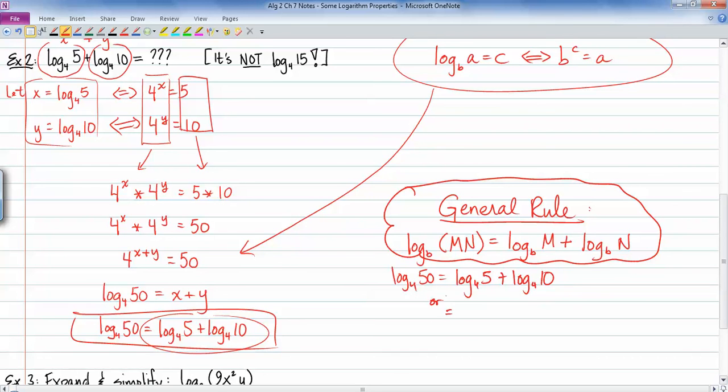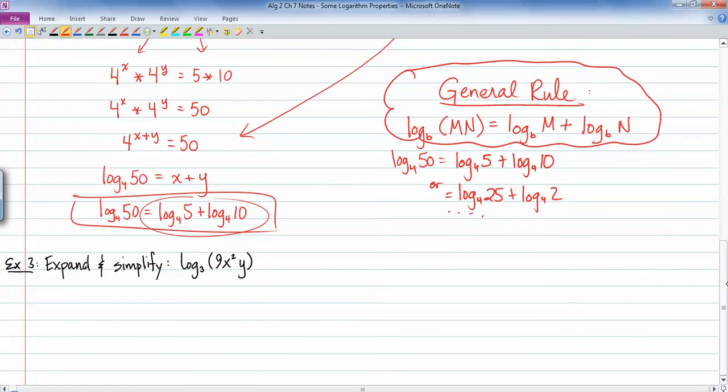Or you could break it down into two other things that multiply out to 50. You could have done log base 4 of 25 plus log base 4 of 2 if you wanted to. There are other things you could do too, but I'm not going to worry about those. Okay.